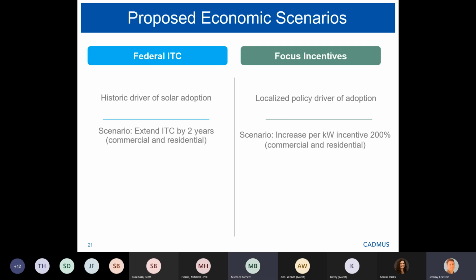So it would be interesting to confirm that database with what's going on right now with the tariffs, and I think that would be a real interesting scenario, because I know on the commercial side, a lot of our system sizes are constrained by economics. Generally they're undersized because we try not to export too much to the grid. But if the whole capacity payment thing got straightened out, that would change that quite a bit.